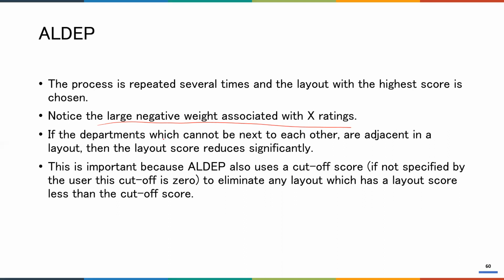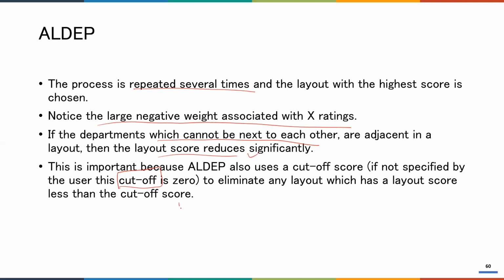Okay, because if this department can be placed far from another, then the layout score can be maximized. In some literature they also mentioned that we can have a cutoff value to eliminate some layouts, because we should repeat several times due to the randomness of the initial solution.